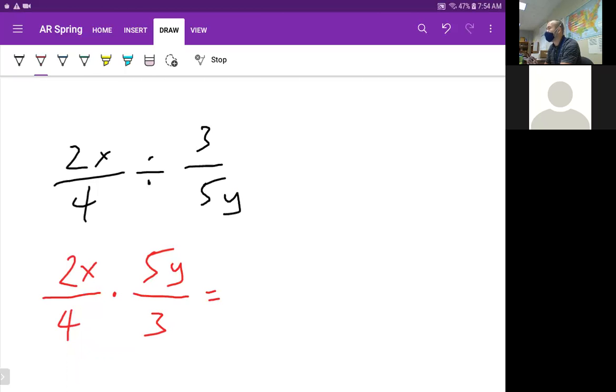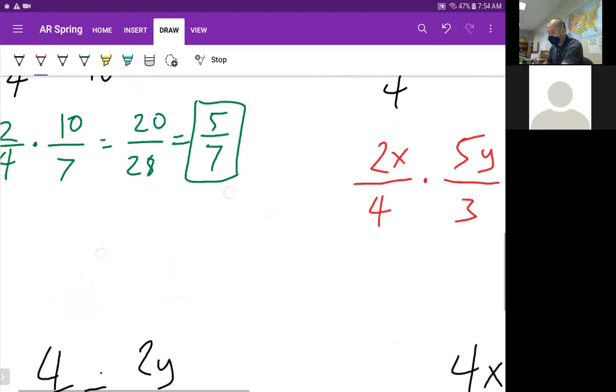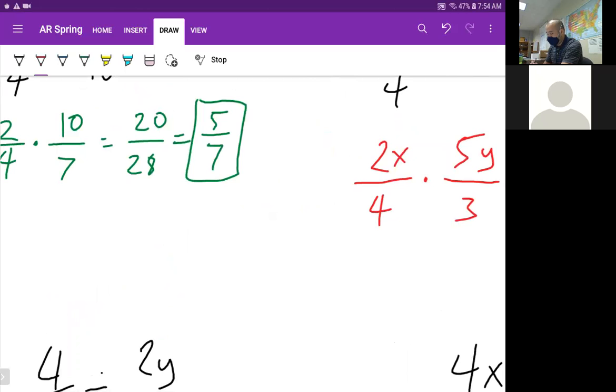So what is the rule? You divide both of them by 4. So 20 divided by 4 is 5. And then 28 divided by 4 is 7.